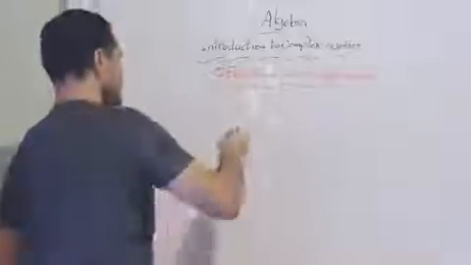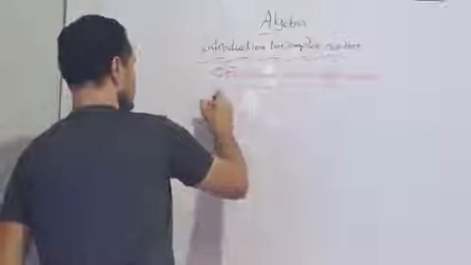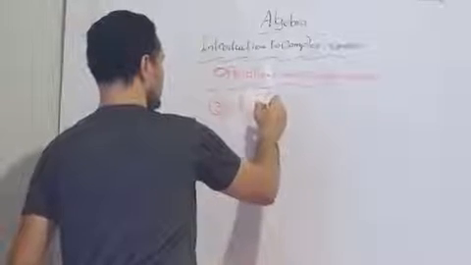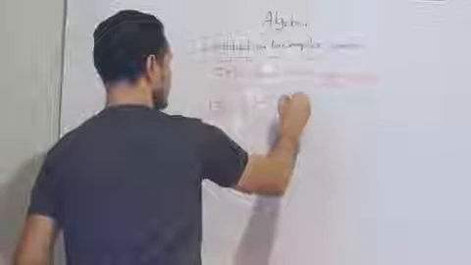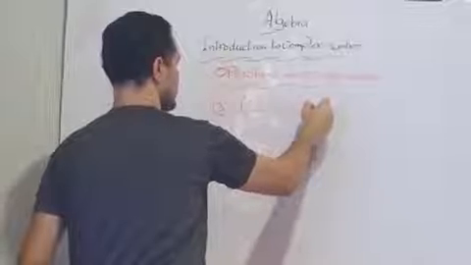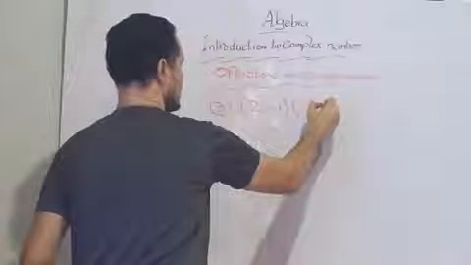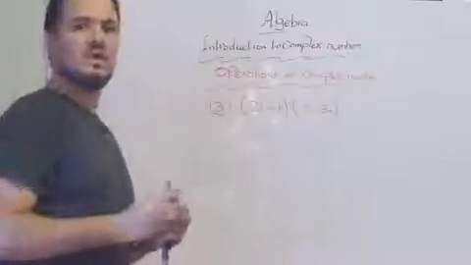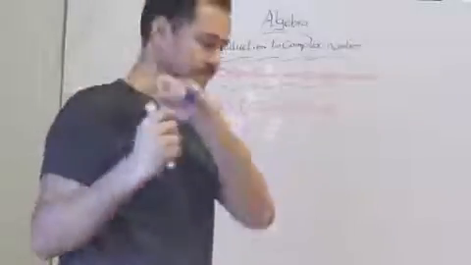Number 3: (2i minus 1) times (3 minus 3i). What's the result of complex by complex?